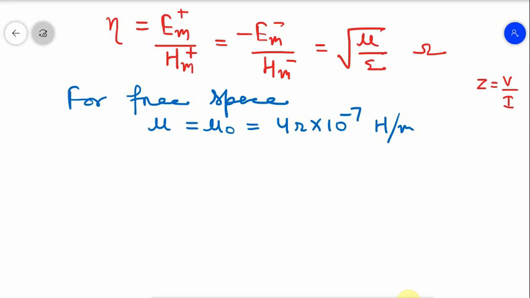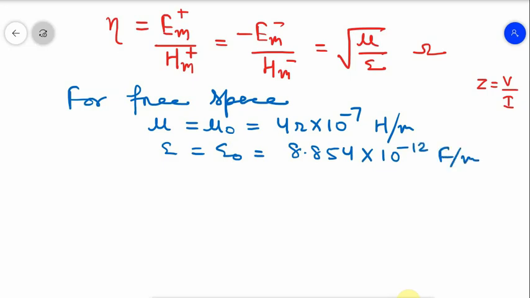And epsilon is equal to epsilon 0 equals 8.854 into 10 to the power minus 12 per meter. This we already know. For free space, eta is eta 0, and eta 0 equals root of mu 0 upon epsilon 0.